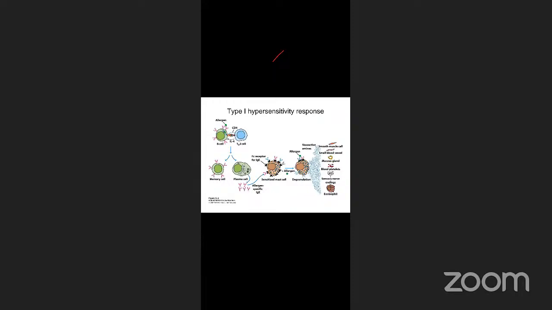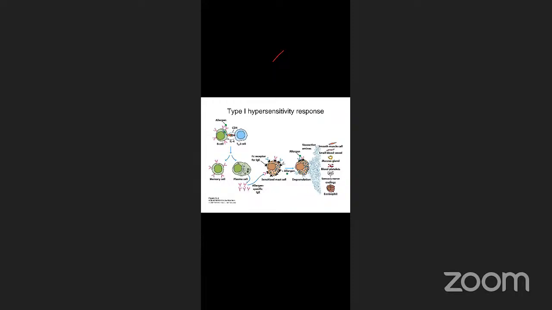This cross-linking of antibodies with the antigen stimulates the degranulation process through a signaling mechanism.